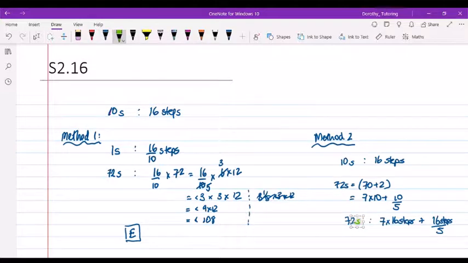Now you see the similarity to method 1. So 7 times 16, I'm going to multiply 7 by 10 first, I get 70. 7 times 6 is 42. And then I've got the 16 divided by 5.